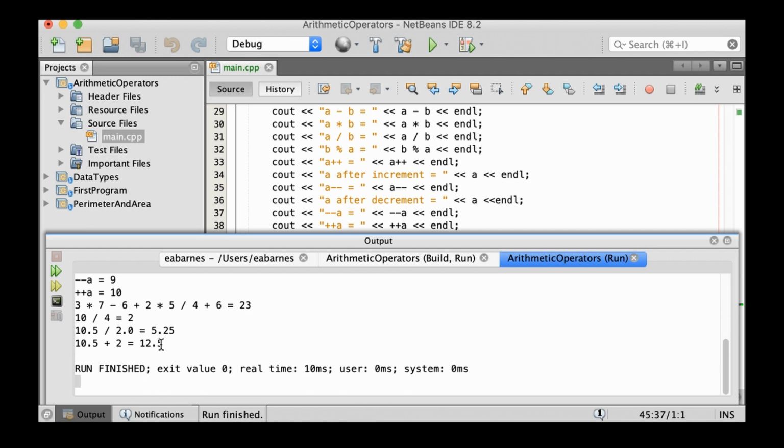Now, the entire expression is evaluated according to the precedence rule. The multiplication, division, and modulo operators are evaluated before the addition and subtraction operators. Operators having the same level of precedence are evaluated from left to right.